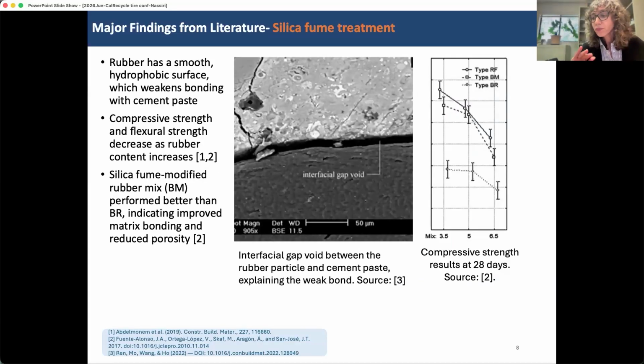So now we do know also that we have a challenge ahead of us. And this we know from years of looking at incorporating various types of materials, including synthetic fibers in concrete, is that the rubber in the TDA is a hydrophobic material.